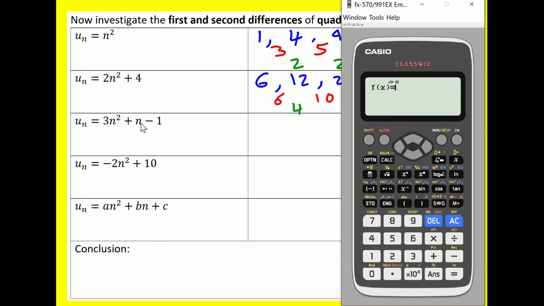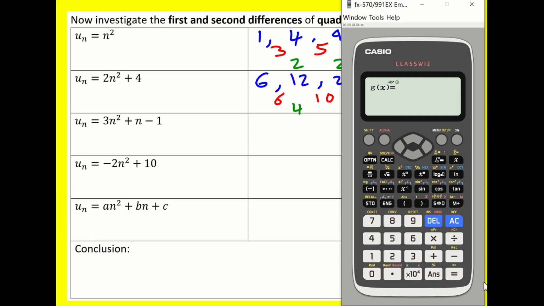No, sorry, 3n squared plus n minus 1. But when I do it, I'm going to replace n by x. You don't have to do it this way. It's just, when you use the table function to plot non-linear sequences, this is typically what you do. I'm just using x instead of n because that's what my calculator does.